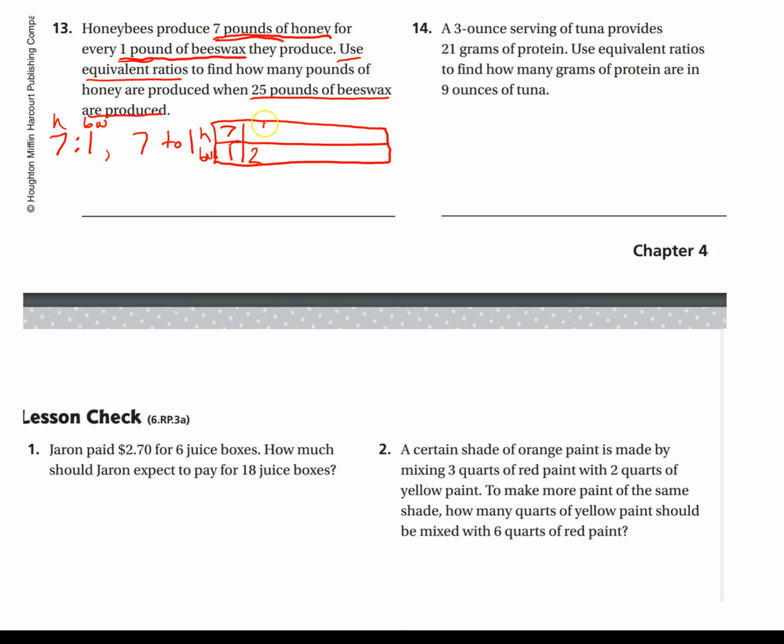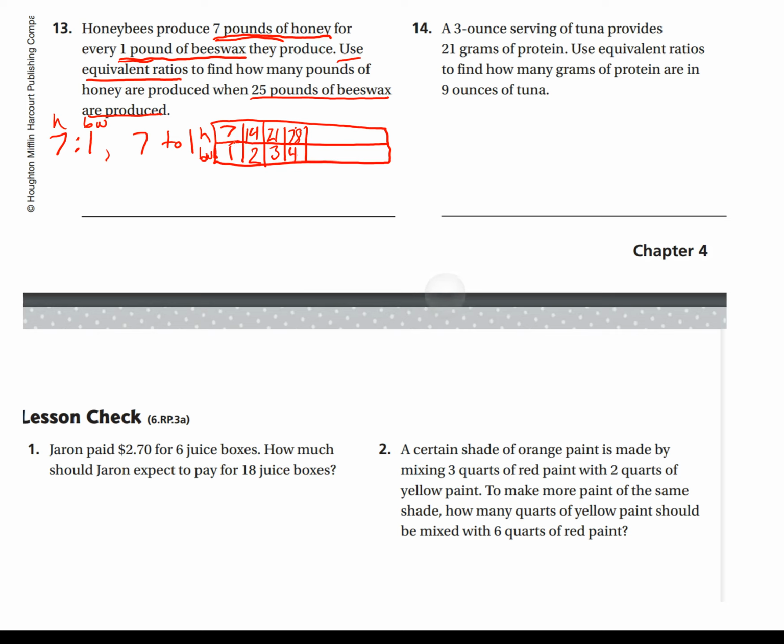So if I get 2 pounds of beeswax, I'm going to need another 7 of honey, so 7 plus another 7 is 14. 3 pounds is going to be 21, and so on. I can keep going. For every 1 pound of beeswax I add another 7 pounds of honey.